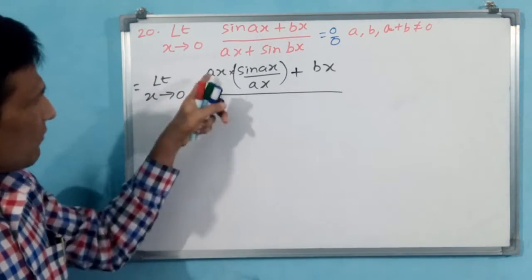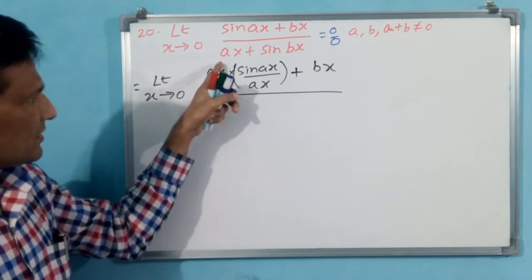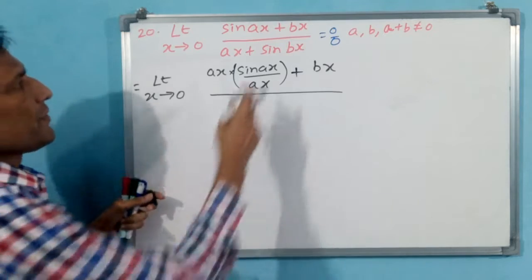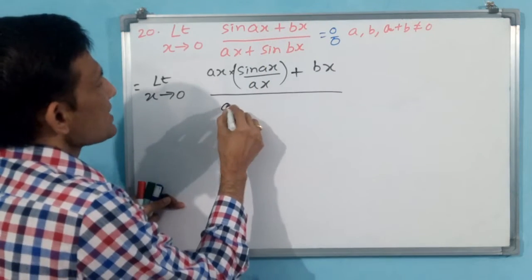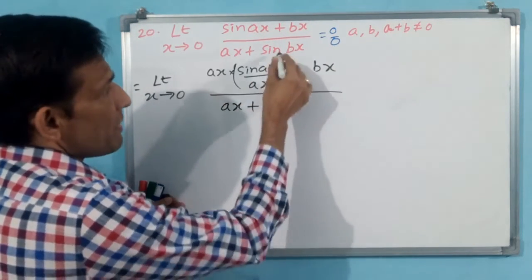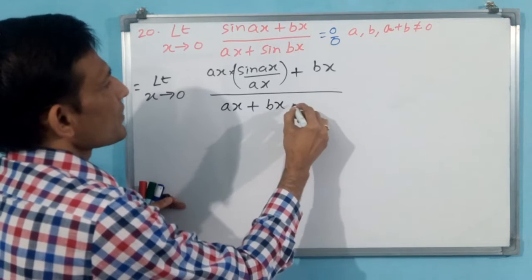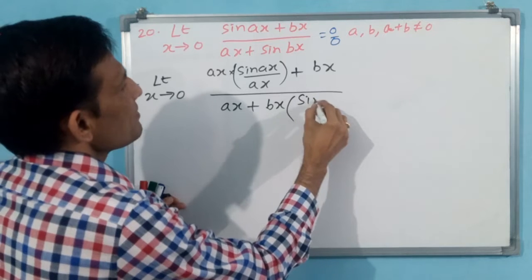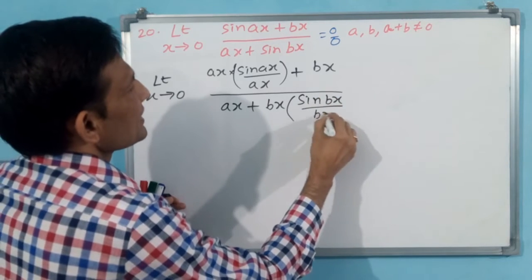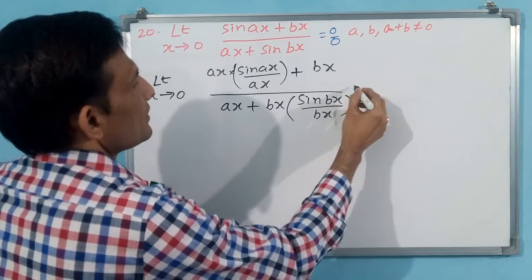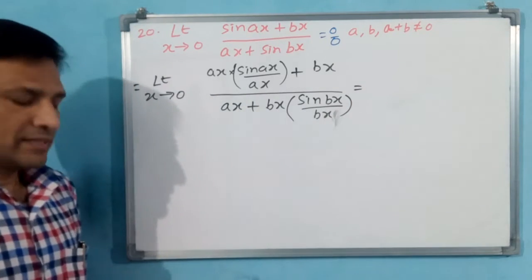Not required. Why? Because one term I have made ax by ax, this term ax gets cancelled, and sin ax plus bx is going to come. That's all. Here also ax I am not doing anything, plus, but here I am doing bx into sin bx by bx.